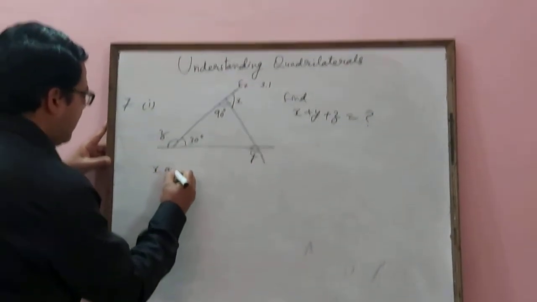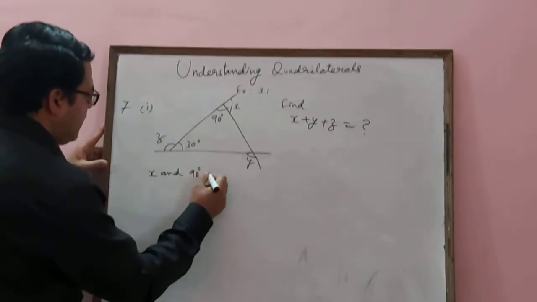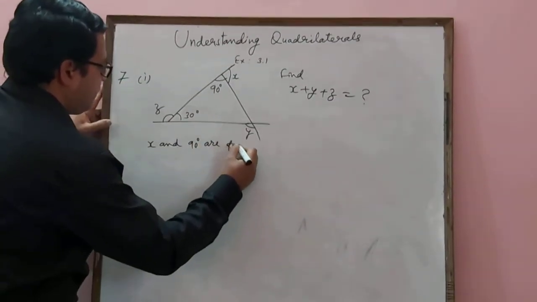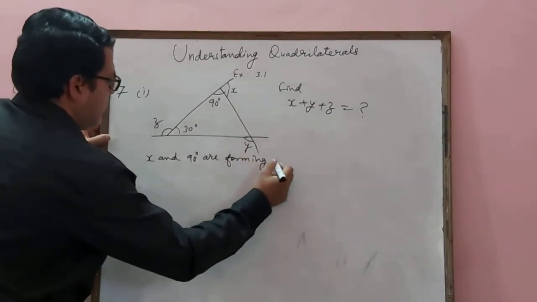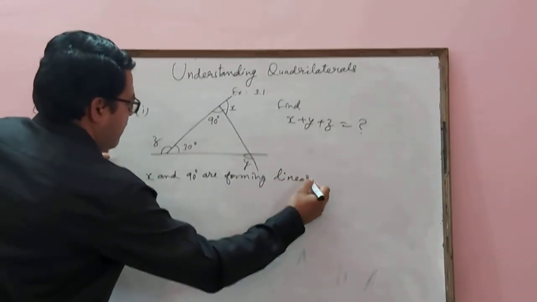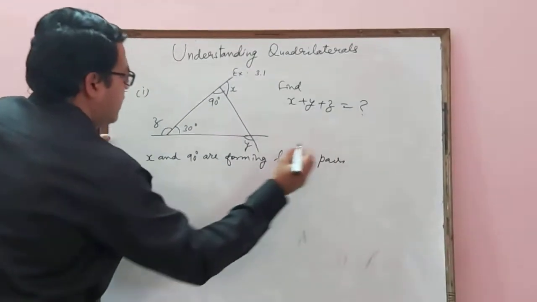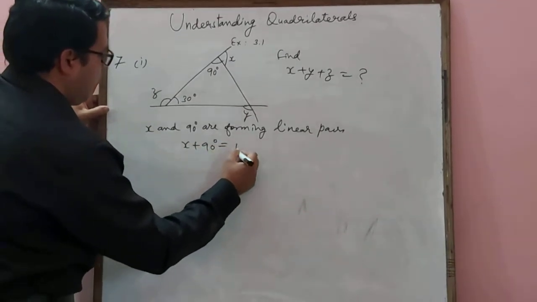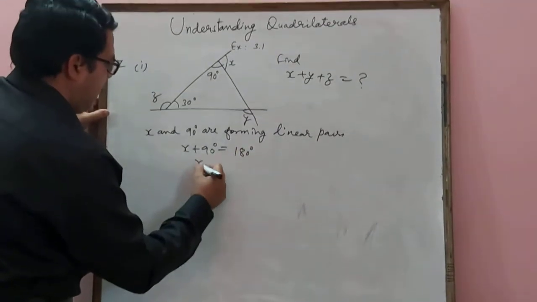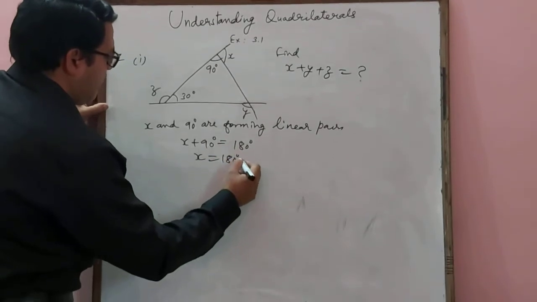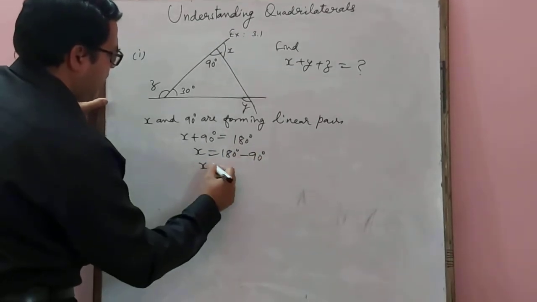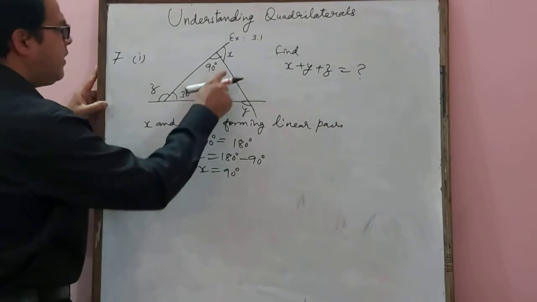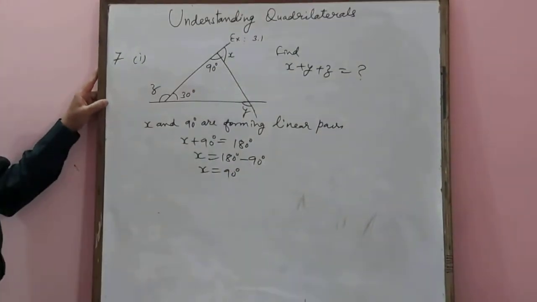We have to write it. x and 90 degrees are forming a linear pair. Therefore, x plus 90 equals 180, and x equals 180 minus 90, that is 90. So the value of x is 90.